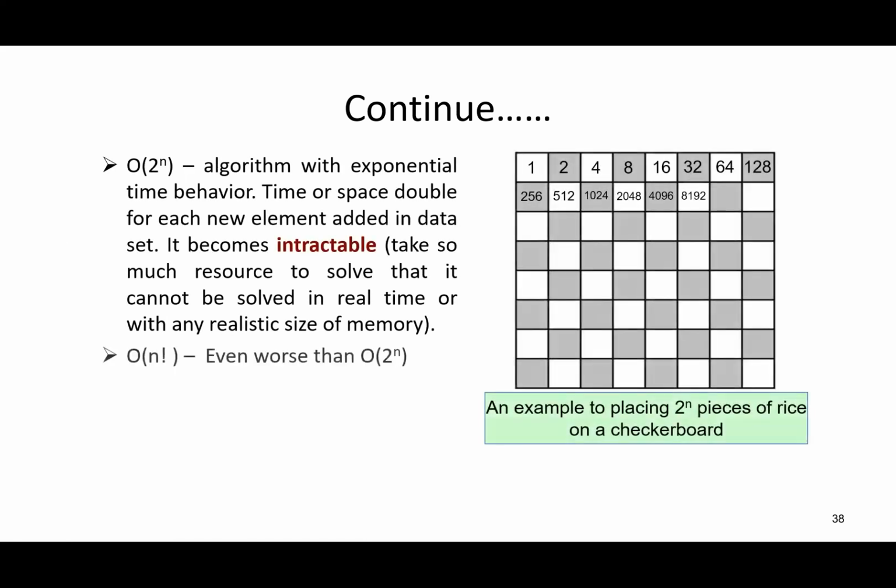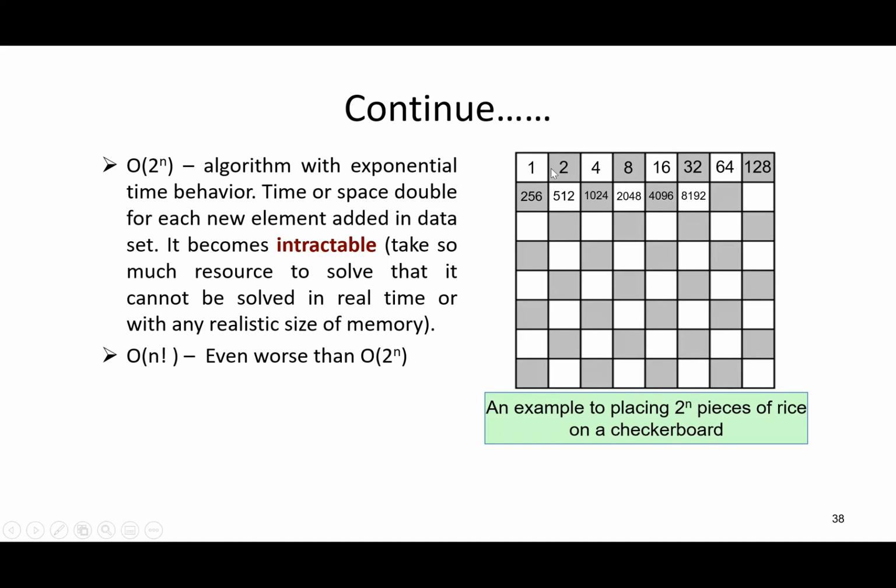Okay, how about order of 2 power n? This one is very slow, right? 2 power n. So this algorithm has exponential time behavior. Your time and space will double every time you add a new element, until it becomes intractable. This example is like when you try to place 2 power n pieces of rice on a checkerboard. Let's say you have this checkerboard, it's 8 times 8, right? So you want to place, the first one, place 1.